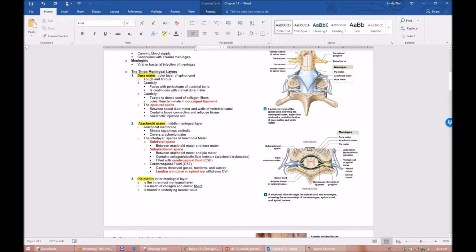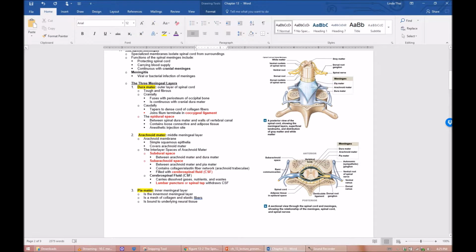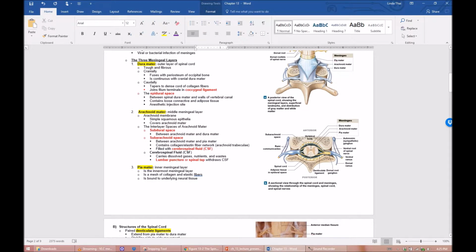It's a big no-no to puncture the pia mater, which is the inner meningeal layer. It consists of a mesh of collagen and elastic fibers. This is what adheres to the spinal cord, and it has a lot of blood vessels, and it's bound to underlying neural tissue.